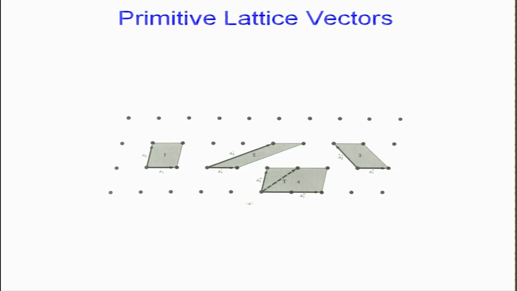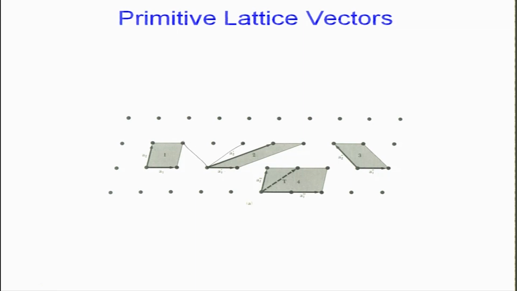Similarly, in the case where you have A1 triple prime and A2 triple prime, this is the unit cell that you are drawing, which is a non-primitive unit cell, a bigger unit cell. Similarly, there are multiple choices of non-primitive unit cells as well. In this case, this is one unit cell. You can have one non-primitive unit cell like that.